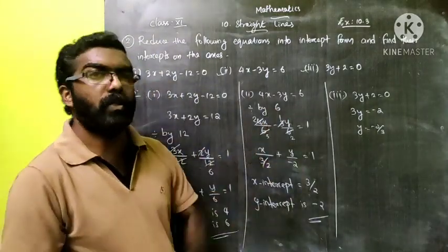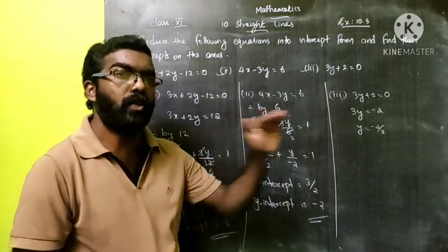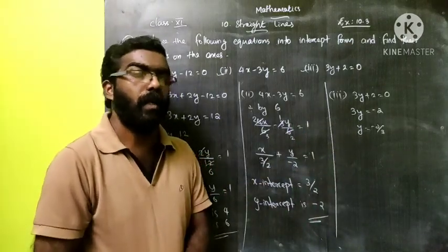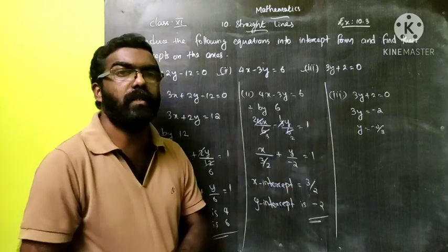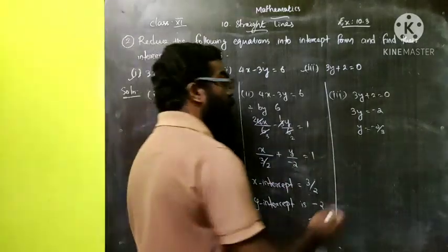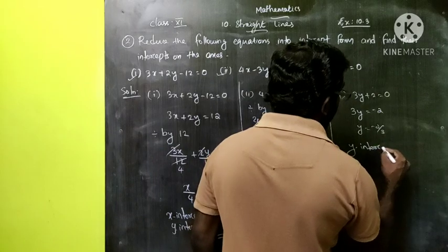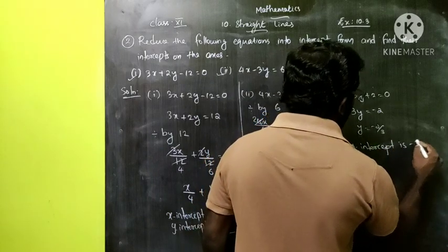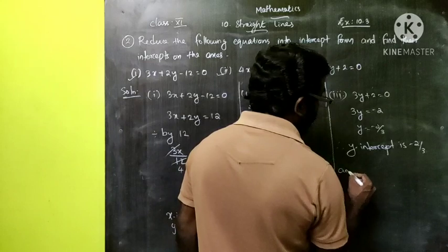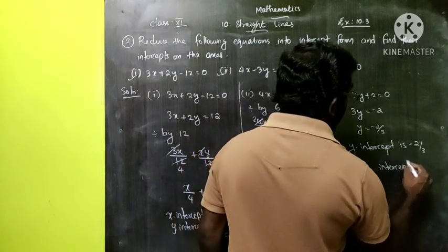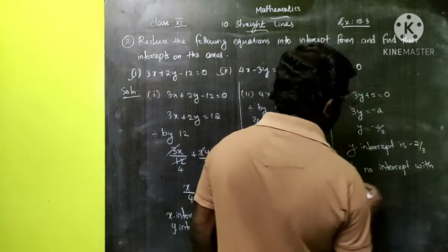And y equal to minus 2 by 3 means the line passes through the point minus 2 by 3 on the y-axis. That means y-intercept is minus 2 by 3. Okay. Therefore, y-intercept is minus 2 by 3 and no intercept with the x-axis.